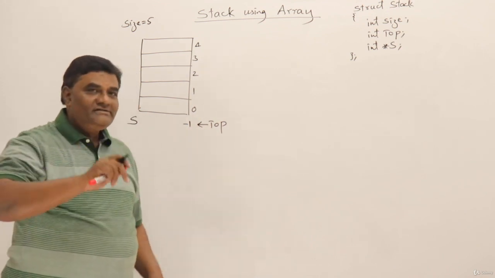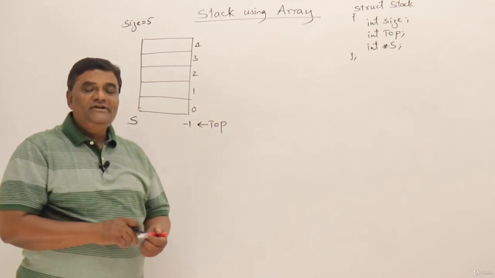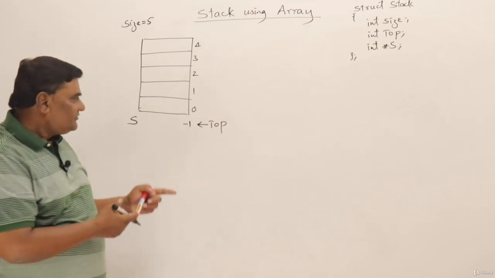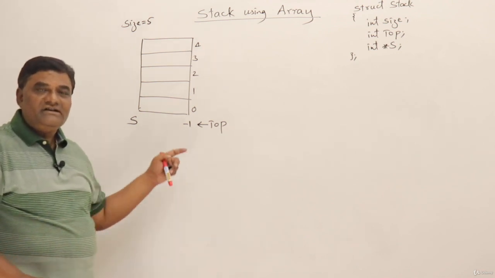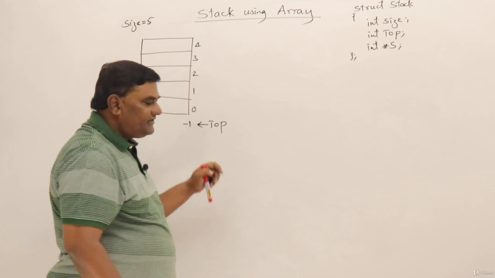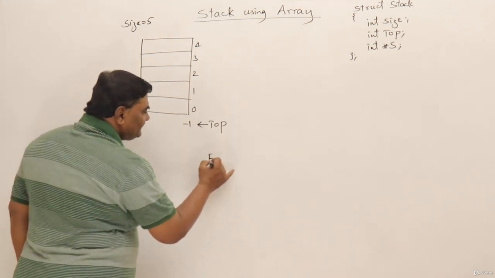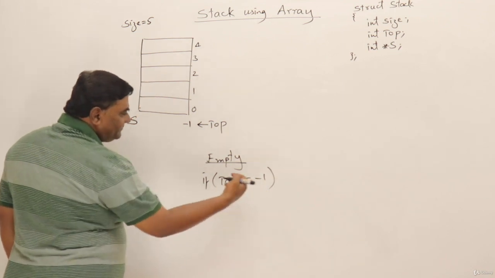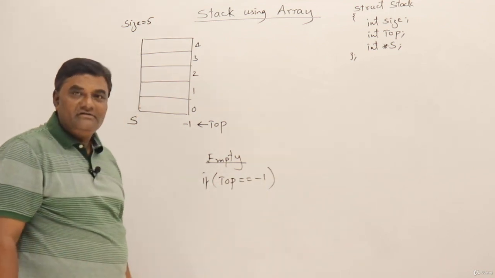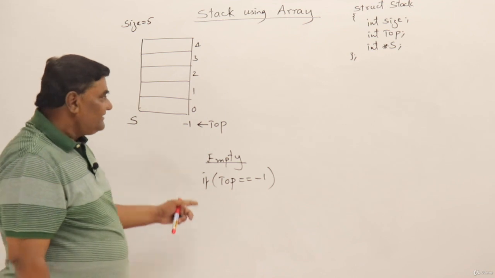Now let us look at two important things here. When do you say this stack is empty? So right now it is empty. So what is the condition? See, if top is equal to -1, then the stack is empty. So yes, the condition for empty is if top is equal to -1, then the stack is empty. Then when I say that stack is full?